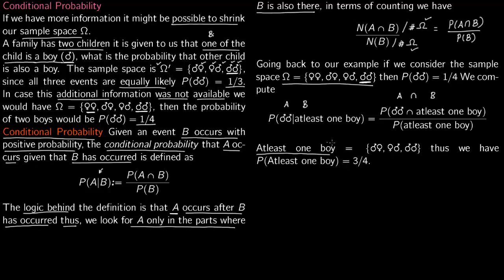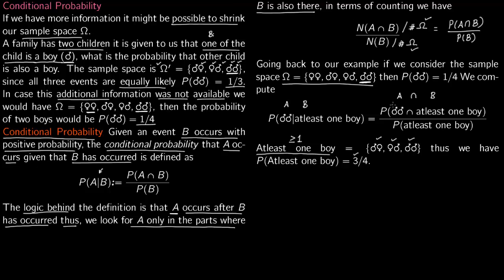You have to have at least one boy, so the number of boys is greater than or equal to 1. So we have the probability of at least one boy as 3 by 4, because you have 3 outcomes here, and the 4 is the size of the sample space.